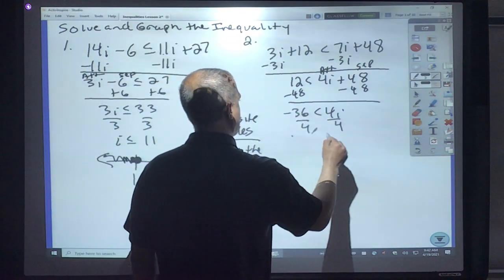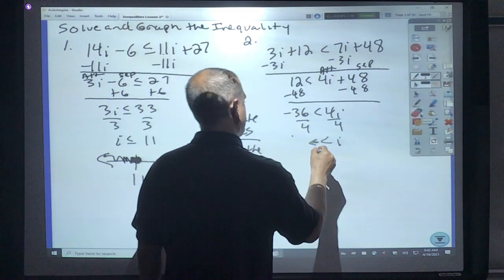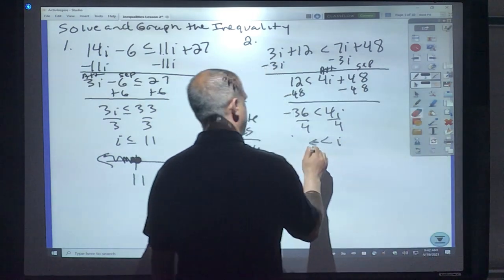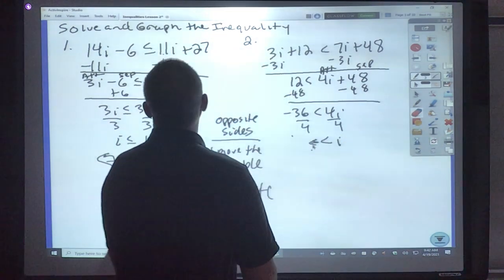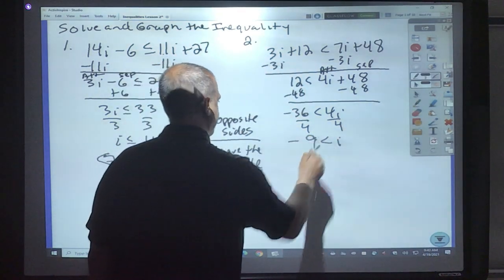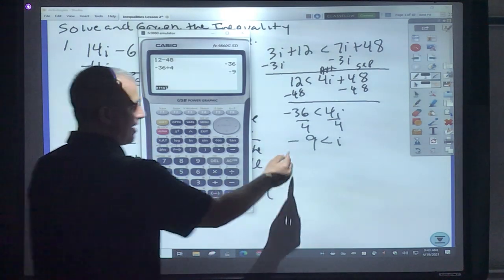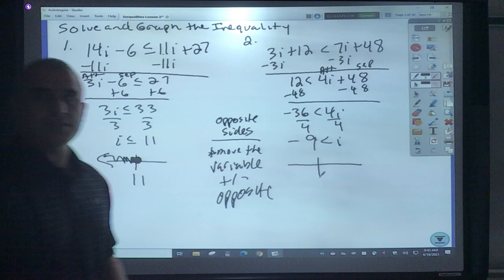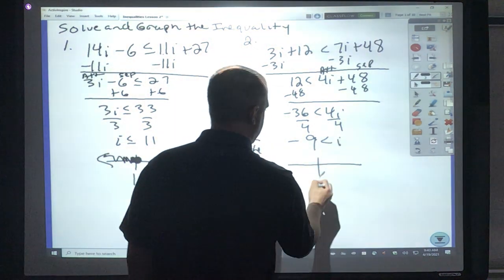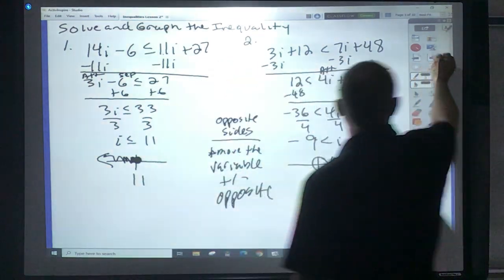All right, I got I is greater than negative 9, okay? Negative 36 divided by 4. I do not flip that inequality around, basically because I didn't divide by a negative, okay? Open circle, it's eating the I, so I would shade to the right.